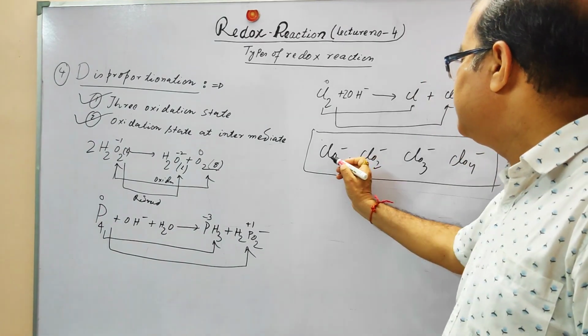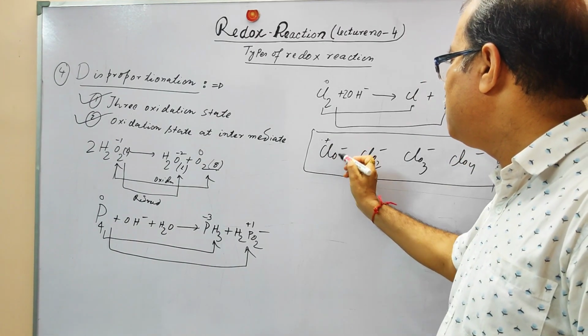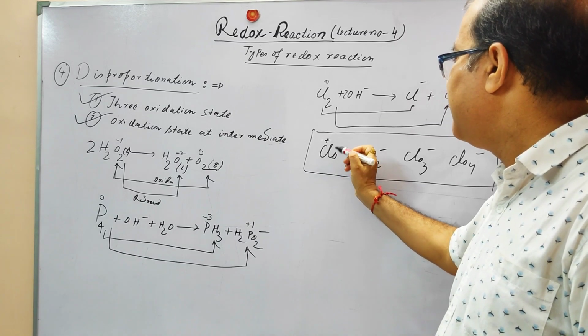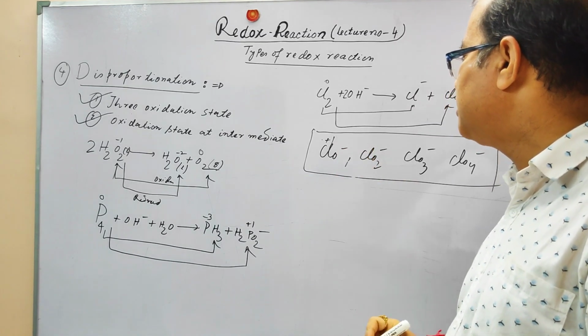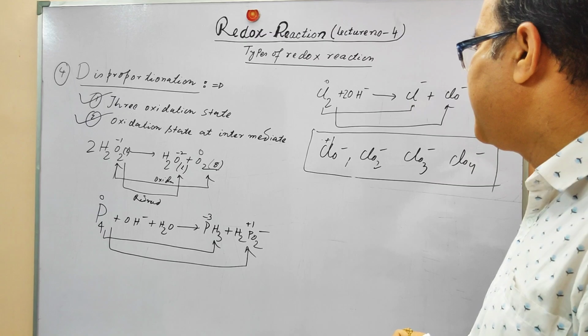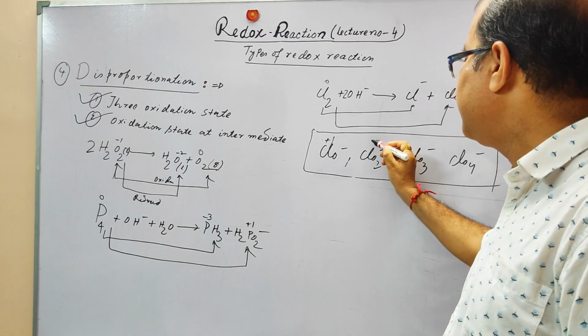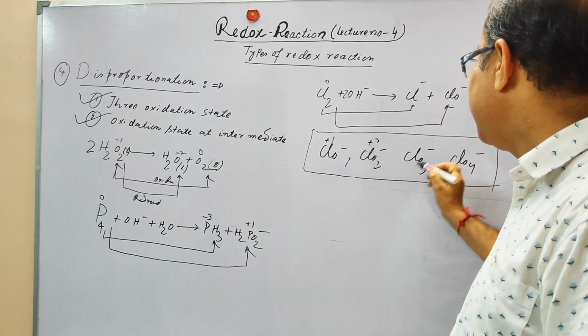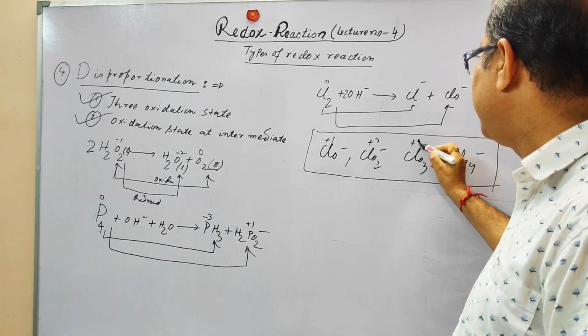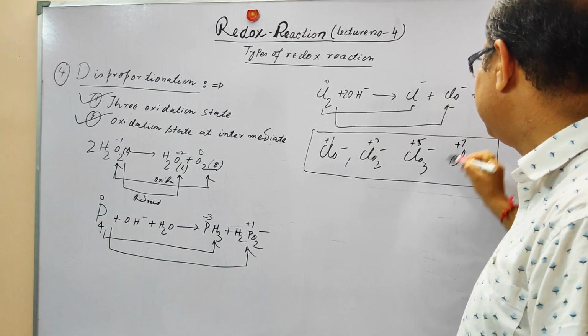Here you can see ClO minus: the oxidation number is +1, whereas this one has oxidation number +3, this will be +5, and this will be +7.